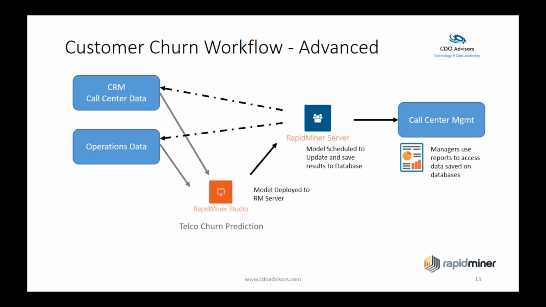Like I said, in this case, there could be pieces of data where you say, hey, every day I need to update the information, so I know for every customer what's the likelihood of that customer churning, because data is coming in daily. So in this case, maybe it's inbound calls, the number of times the customer's called in, if they're over their usage minutes, all those types of things. Maybe running the model once a week is not sufficient and you need to run it daily.